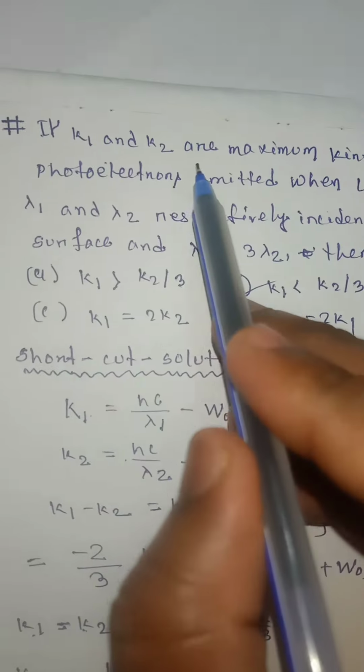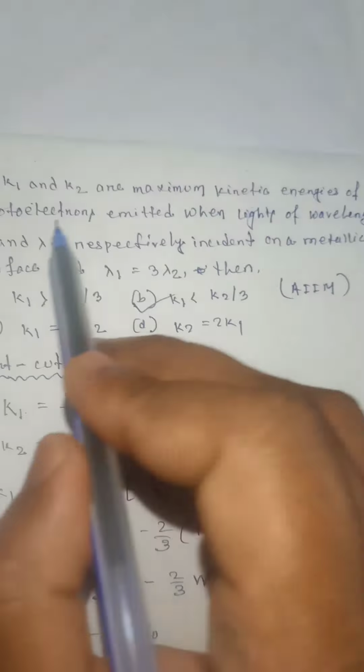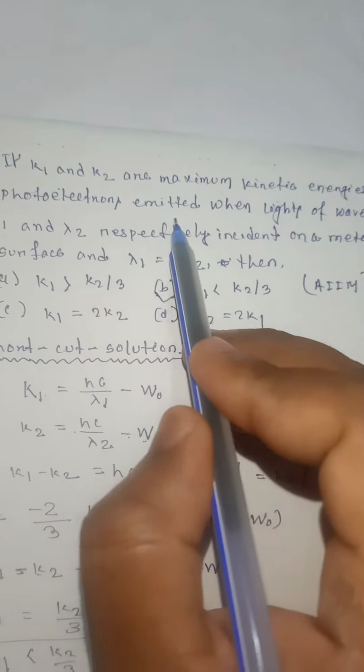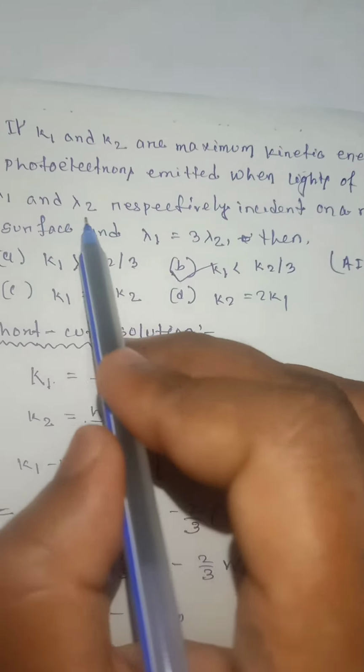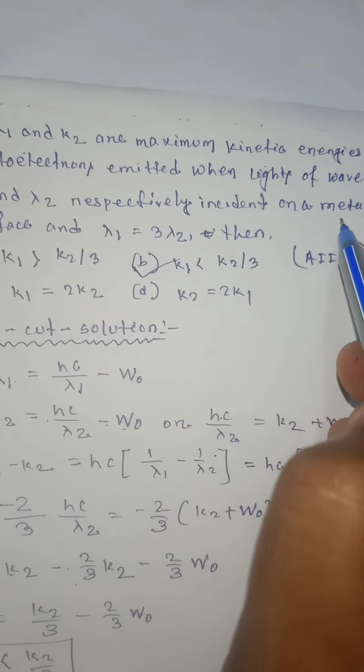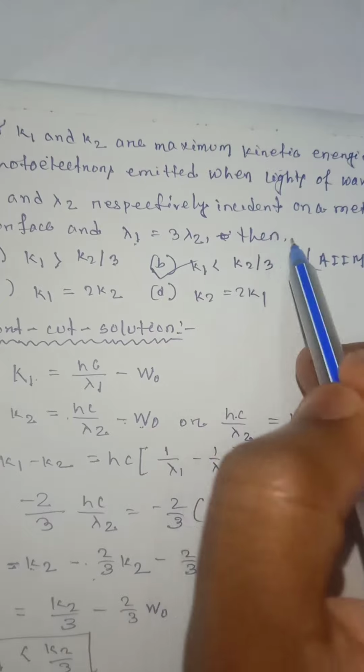Let us recap. K1 and K2 are the maximum kinetic energies of photoelectrons emitted when light of wavelengths lambda 1 and lambda 2 is incident on the metallic surface, with lambda 1 equal to 3 times lambda 2.